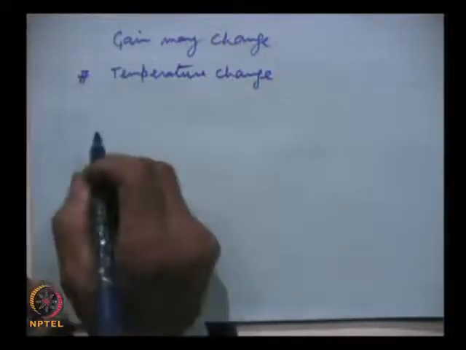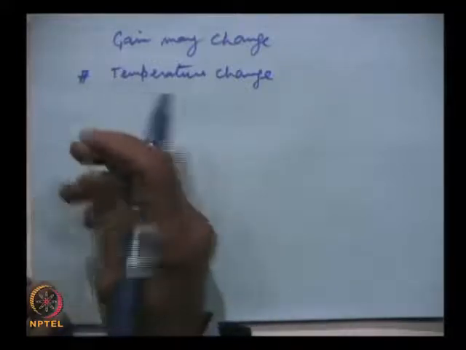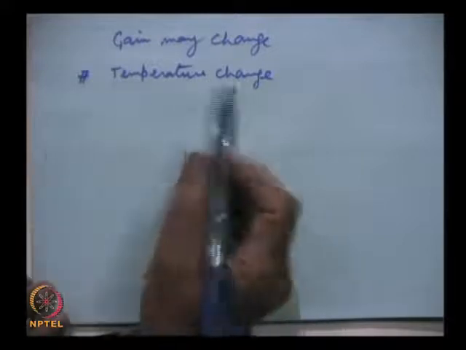Temperature change. Temperature changes of 50, 60, 80 degrees are very common. And why will the temperature change? For two reasons. In summer and in winter there is a difference of 30, 40 degrees.